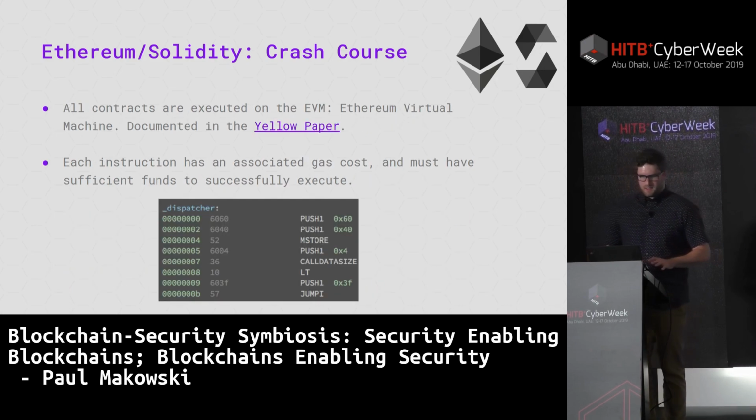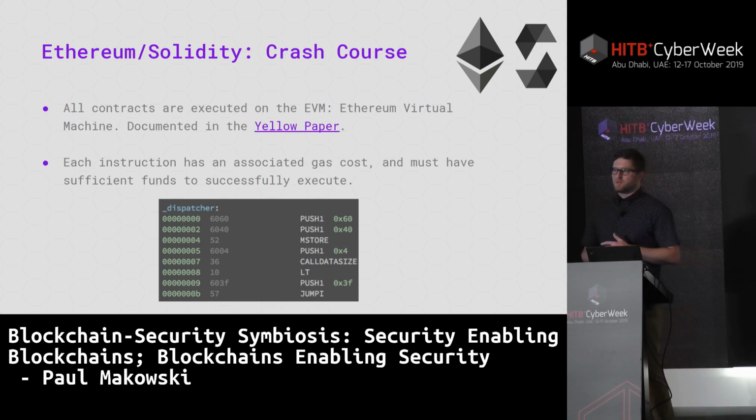So all of these contracts are defined by the Ethereum yellow paper. For some reason they made it yellow. I'm not really sure why. There's a specification for these contracts, and these contracts are written typically in a high-level language called Solidity, and compiled down into EVM, or Ethereum Virtual Machine, bytecode.